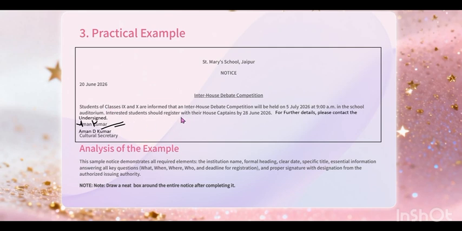School auditorium. Whom to contact? The house captains. For any further information, you can contact the person who has written the notice, the undersigned person. So this body and the whole notice is able to provide all the answers which we discussed earlier.